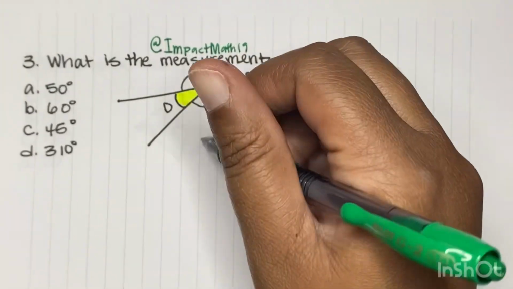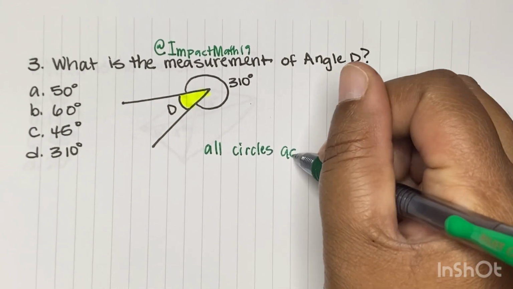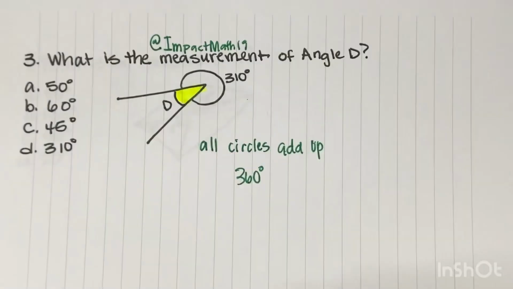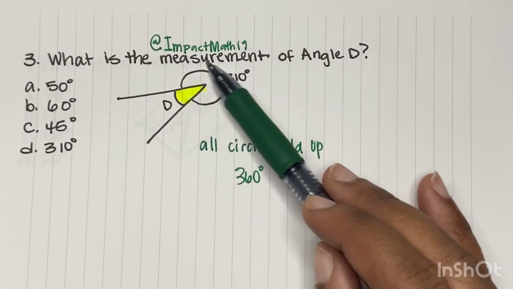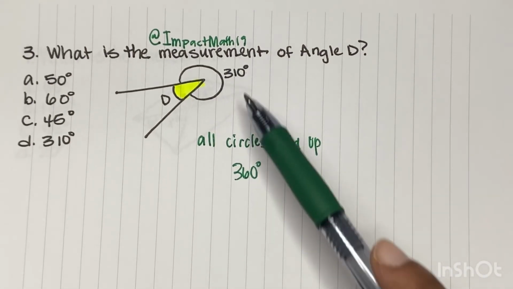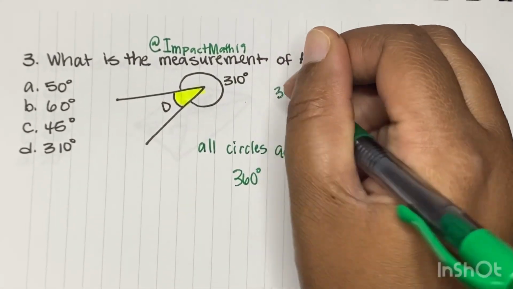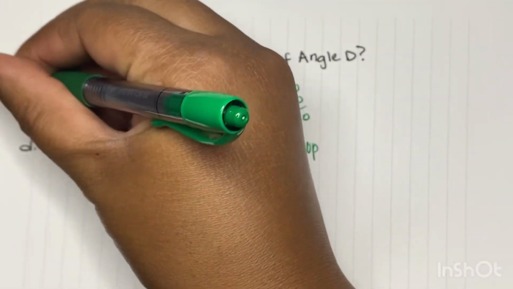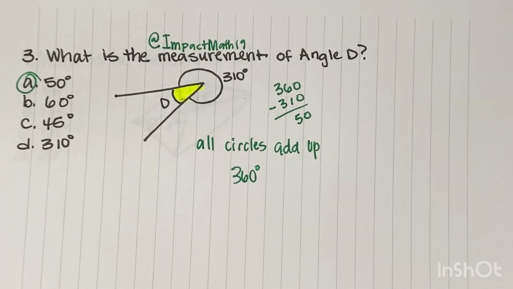Well, all circles add up to 360 degrees, no matter what size, how small, how big they are, they're always adding up to 360. So if this is 310, how far is 360 from 310? So we can subtract. 360 minus 310, and we would get 50. So A would be our answer for angle D. This has to be 50 degrees.